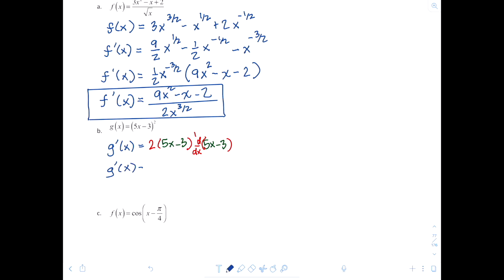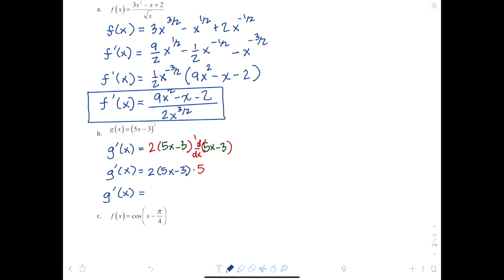So we'll get g prime at x is 2 times 5x minus 3. And then when I differentiate 5x minus 3 with respect to x, I will get times 5. So we will get g prime at x is equal to, so I think we'll get 50 x's. Does that look okay? And then minus 30. All right.